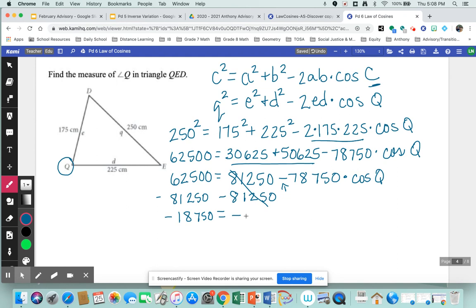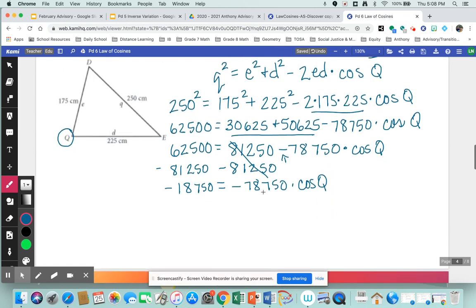Bring down that negative with it. And bring down that times cosine of Q. Now watch what happens here. To undo that multiplication, we divide. And look how nice that is. So we're going to have a negative divided by a negative, which is just perfect. So that's going to give us a positive.